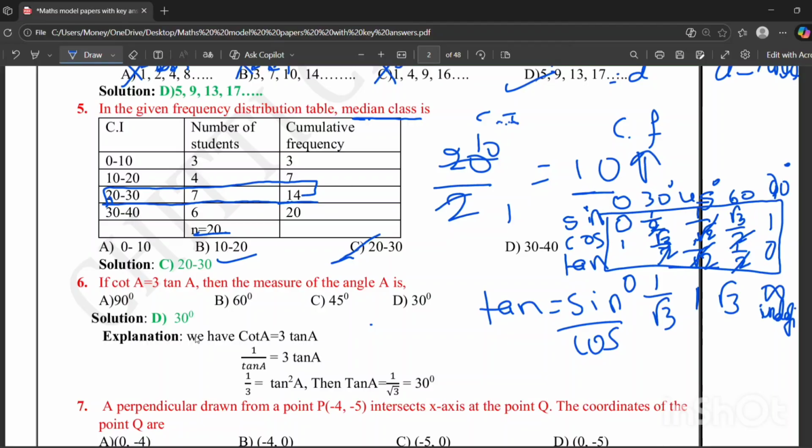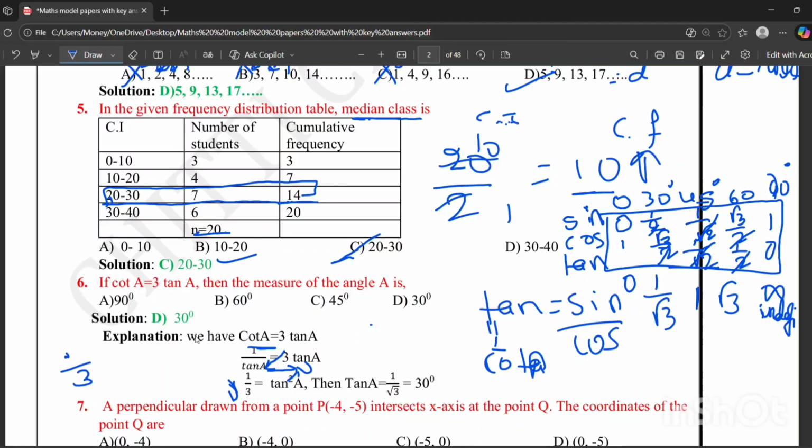So therefore, let us come to this simplification. Cot A, see, tan A equals 1 by cot A, or cot A equals 1 by tan A. So cot A equals 1 by tan A equals 3 tan A. Send this tan A to the RHS and this 3 to the LHS. 3 will come to the denominator and this tan will go to the numerator.